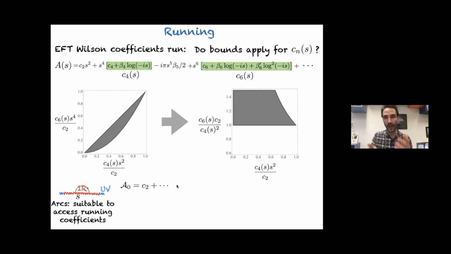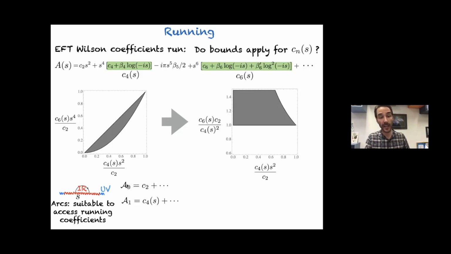So when these corrections are sizable, typically you're out of the validity of your perturbation theory. Not always true, but anyway, I ignore this for the moment, it's okay. The first arc, instead, indeed captures the running coefficient. This, if you want, illustrates what I was showing here. And this is beautiful.